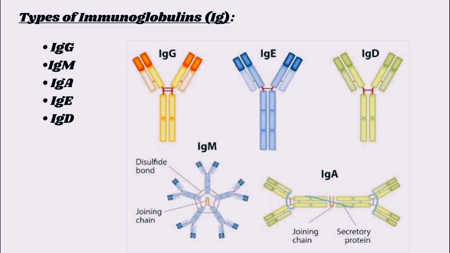If it's a pentamer, for one Y shape there are 2 arms, so for 5 Y shapes there are 10 arms. So it will have 10 binding sites, and IgA will have 4 binding sites. So you have to remember these things.